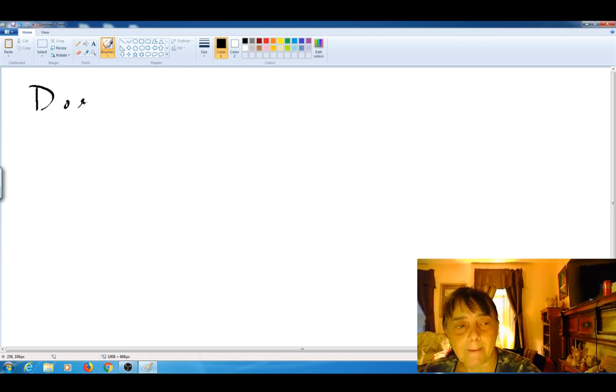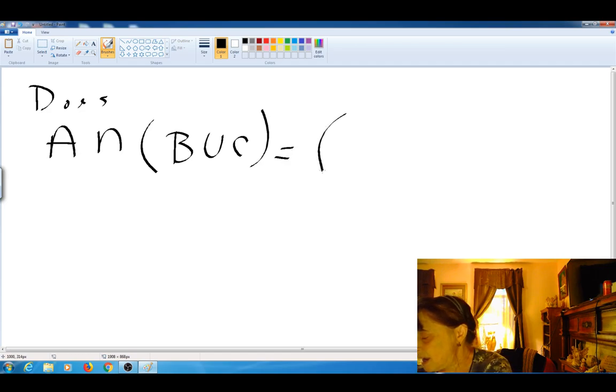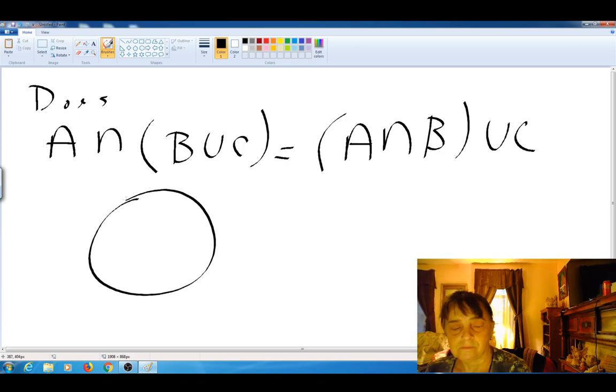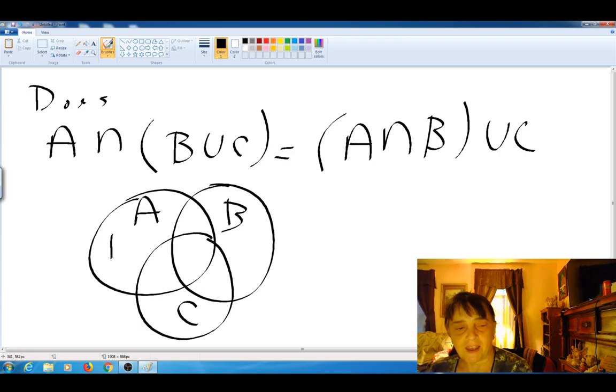Does A intersect B union C equal A intersect B union C? And you have to use a Venn diagram to find that answer.